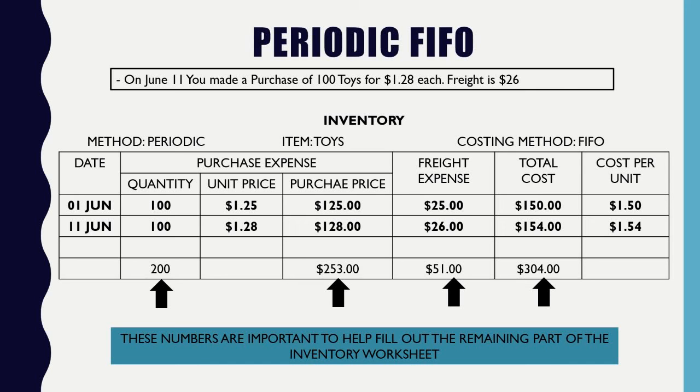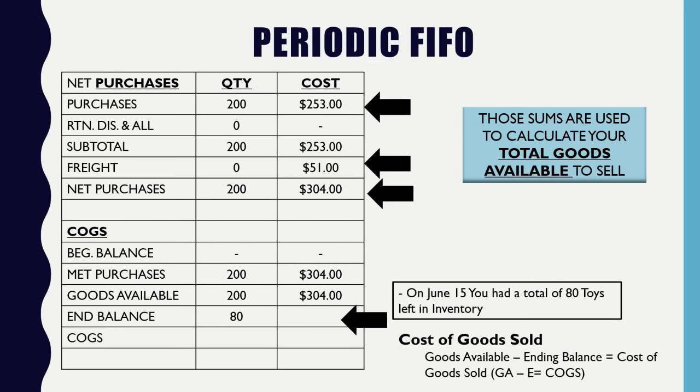When we're looking at our inventory worksheet, which I forgot to post, I'm so sorry about that, we're going to be introducing two sections. This was the top section. The second section is going to be this column right here.